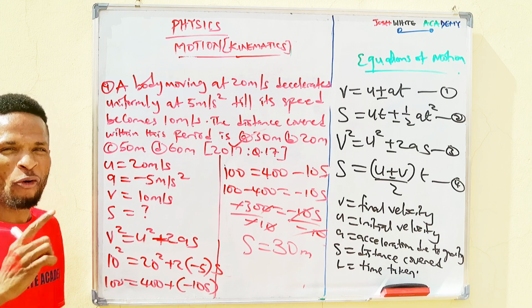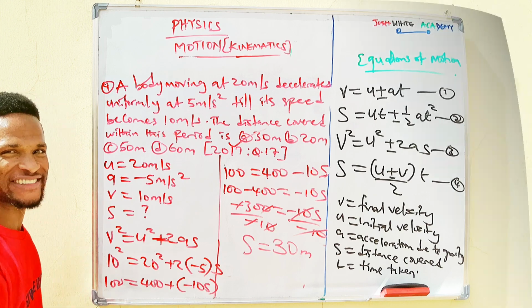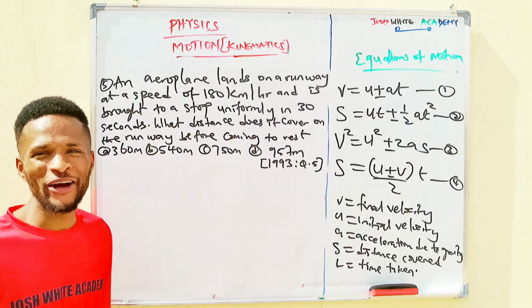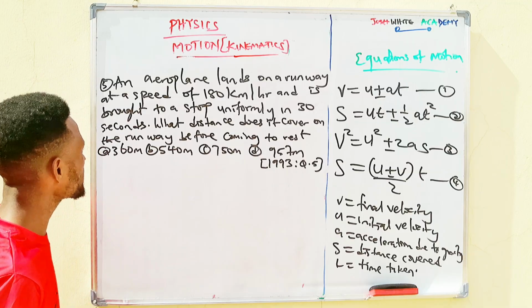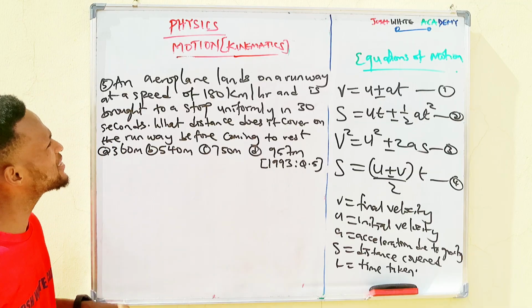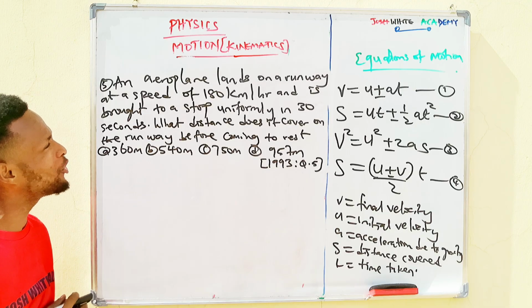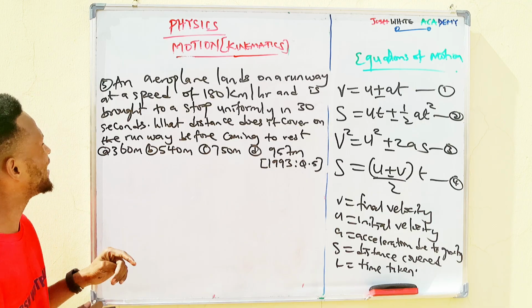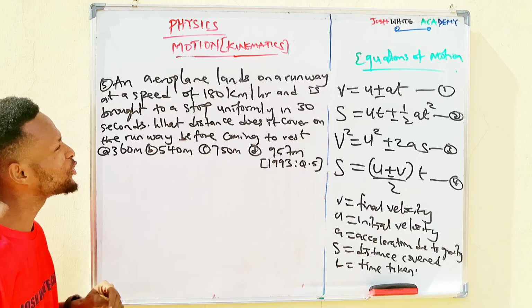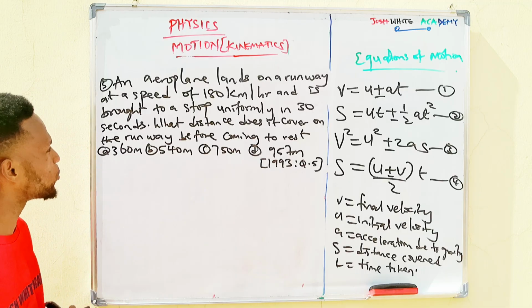So let's take one more question, the final question. An aeroplane lands on a runway at a speed of 180 km per hour and is brought to a stop uniformly in 30 seconds.